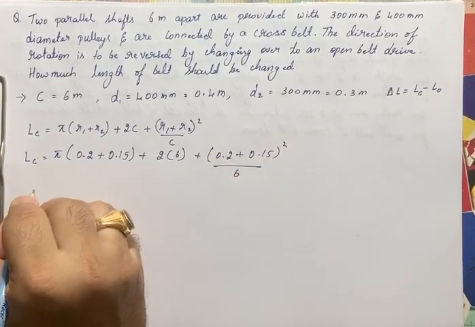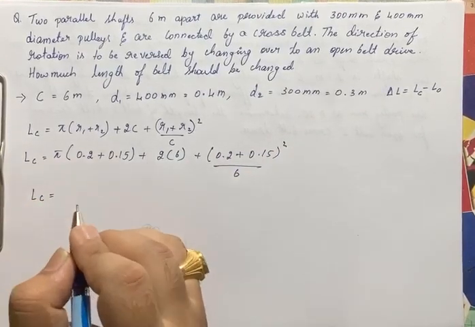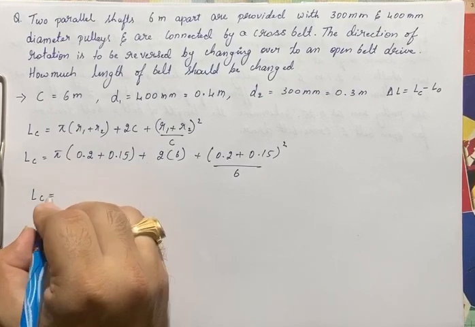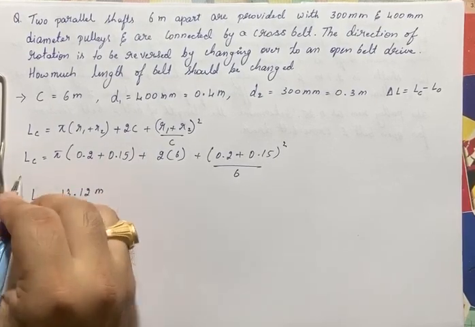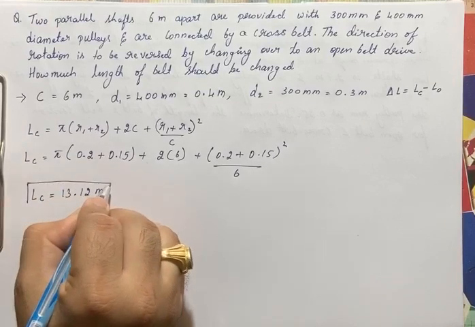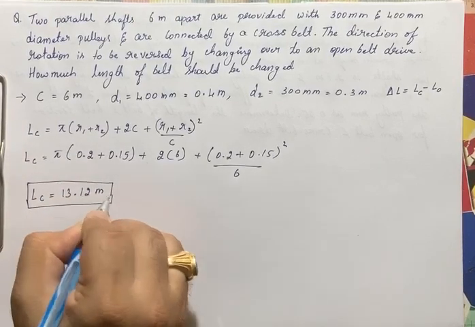So I'll get LC as 13.12 meter. We got LC, the length of the cross belt drive.